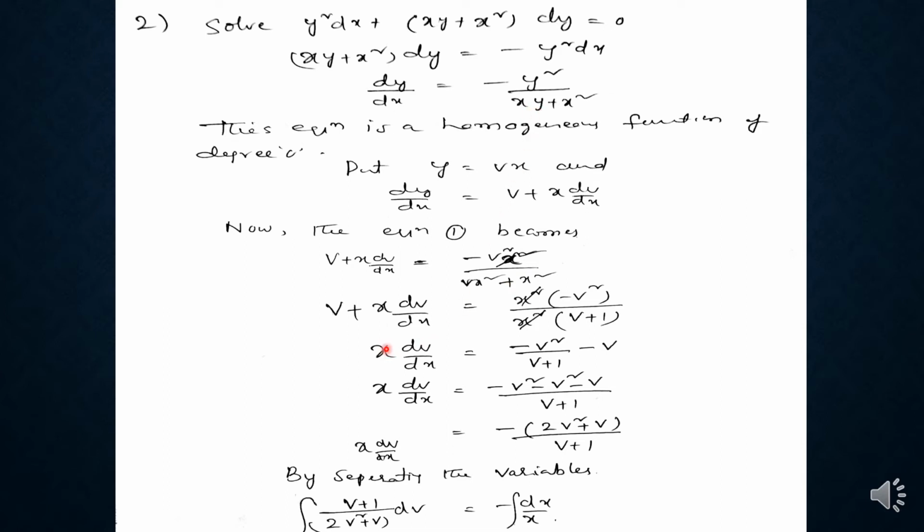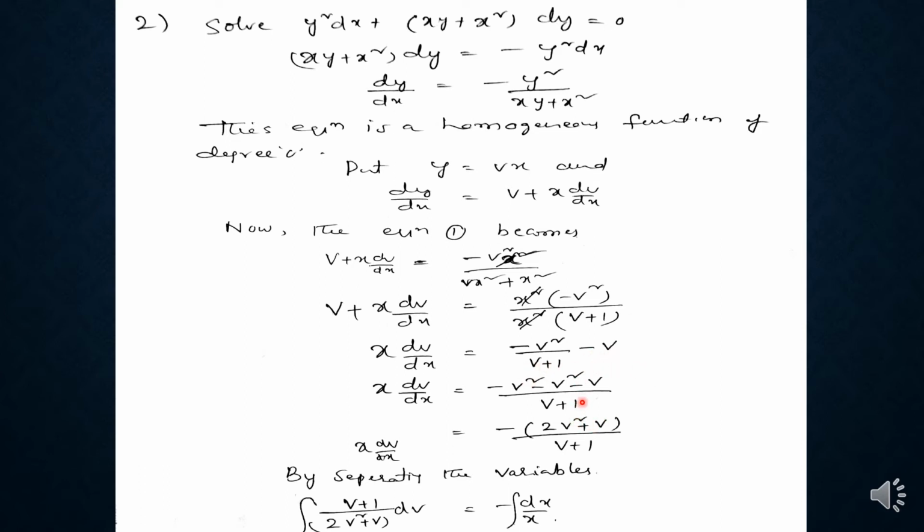So that is v plus x dv by dx is equal to x square into minus v square by x square into v plus 1. That is v plus x dv by dx is equal to minus v square by v plus 1. So that is x dv by dx is equal to, by taking the LCM here, minus v square by v plus 1 minus v into v plus 1 whole divided by v plus 1.